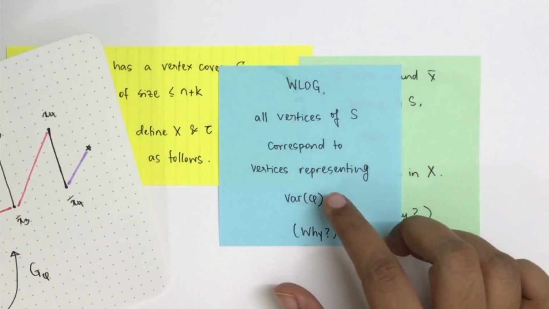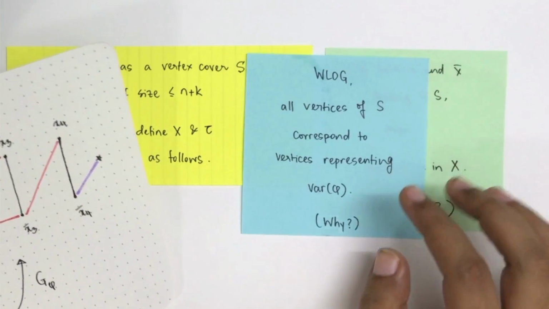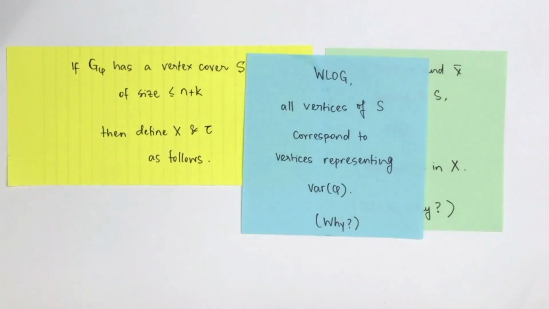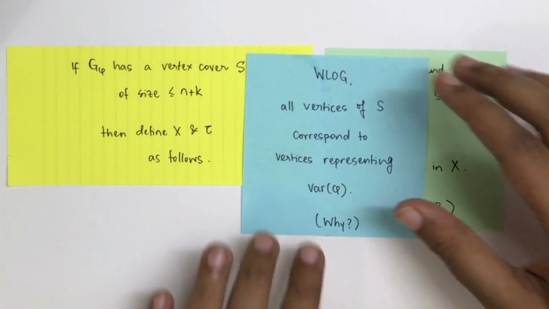So that's what I wanted to point out here. So your vertex cover is essentially involving only vertices that correspond to real literals, and that's because you can always exchange a degree 1 vertex that's in your vertex cover with its neighbor, and you'll still be left with a valid vertex cover of the same size.